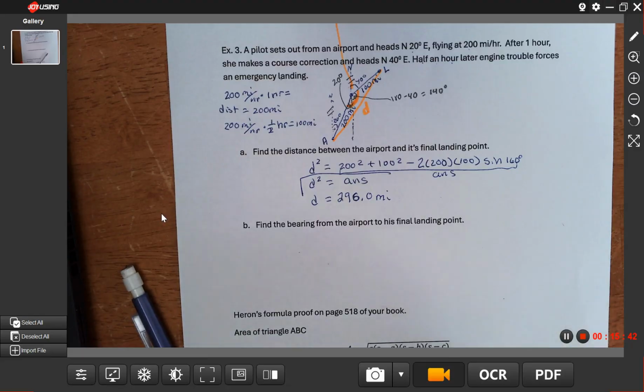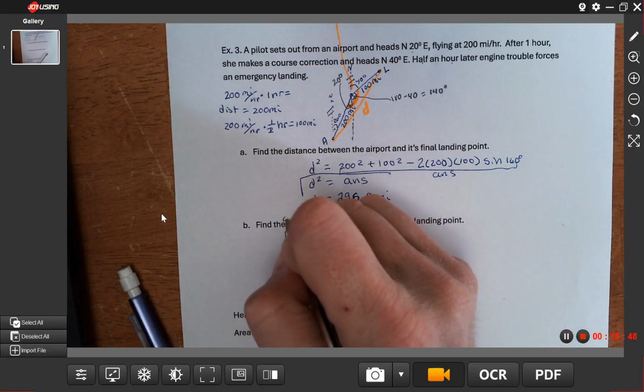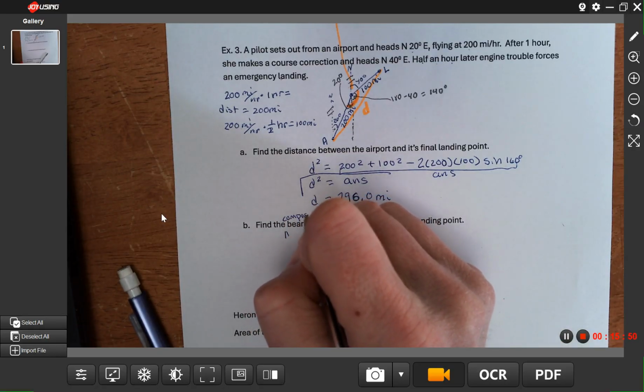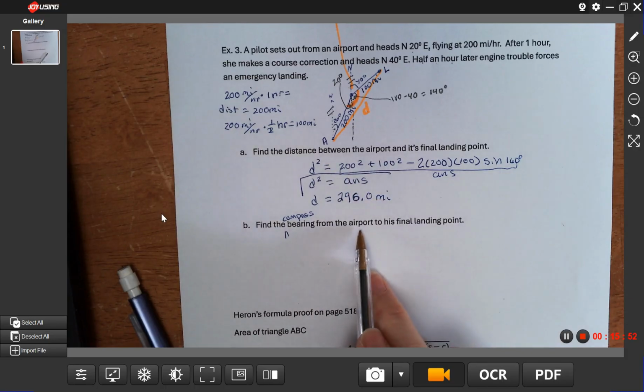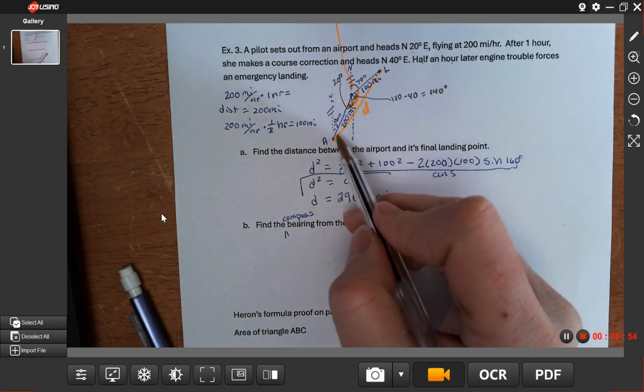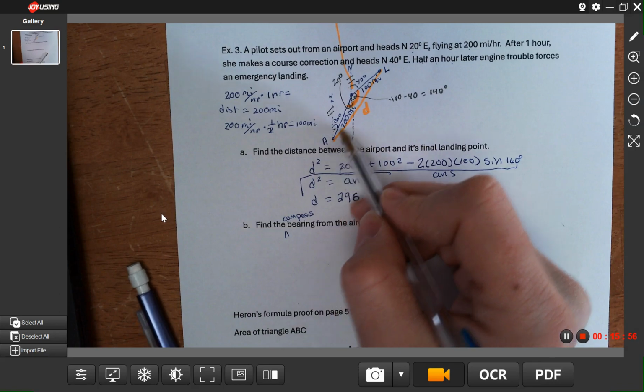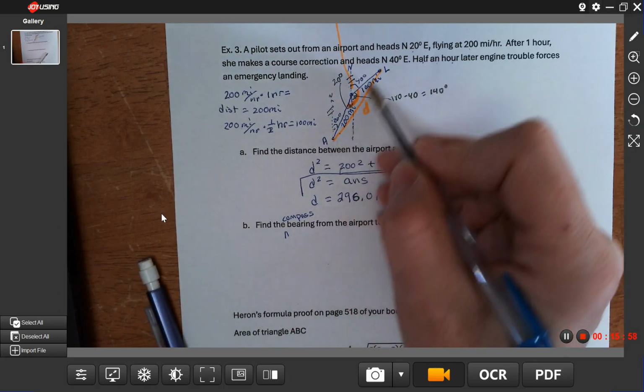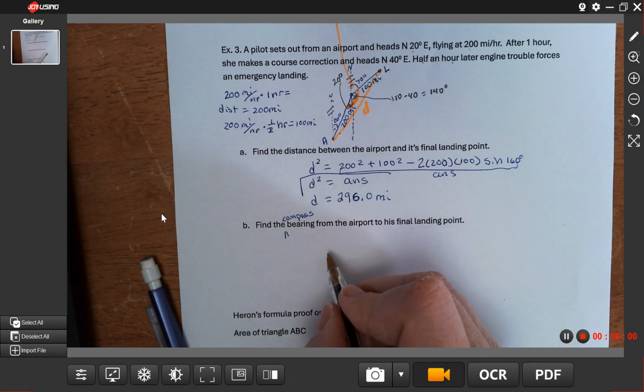All right, one more part to this, and bearing means compass bearing. Find the compass bearing from the airport to its final landing point. So we're trying to find the compass bearing for this side here. So I'm going to redraw that.